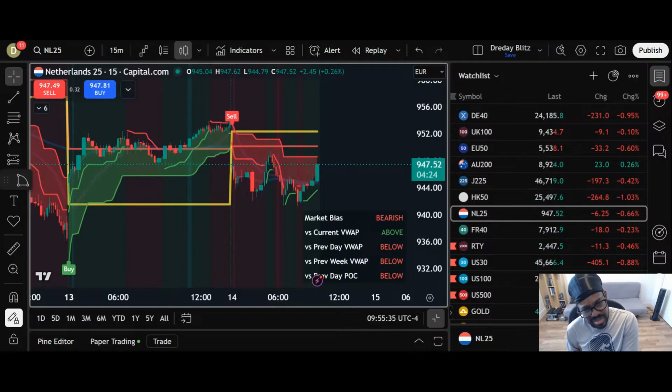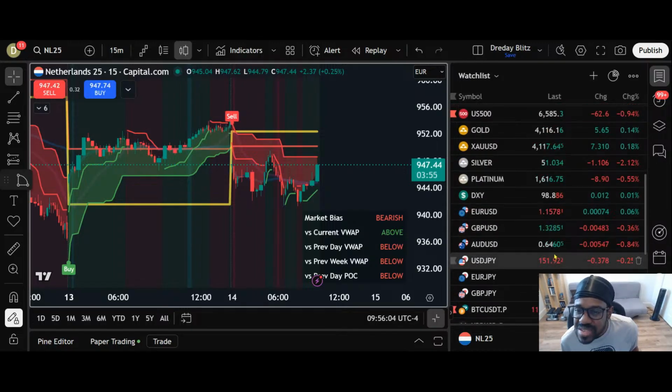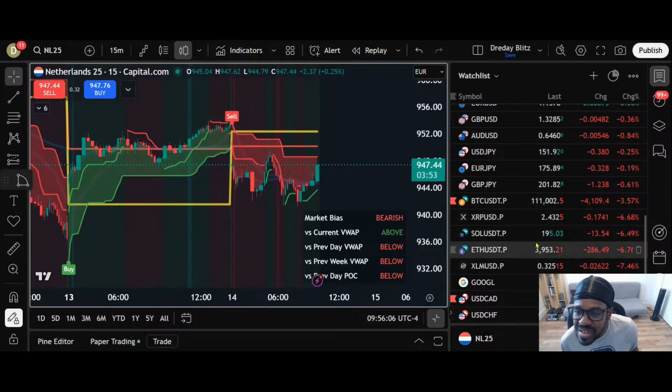I don't think I'm going to add the Forex pairs because it's not suitable for Forex specifically. It's based off of institutional liquidity, and most of the institutional traders that are basically moving the market a lot are actually in stocks. So, for example, if I load, I'm just gonna check here.